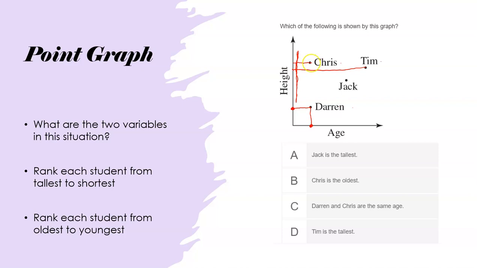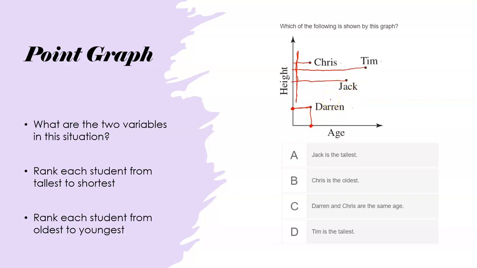So Chris is the tallest, Tim comes next, then Jack, who's considerably shorter, and Darren is much shorter. So from tallest to shortest, we have Chris, Tim, Jack, and Darren.